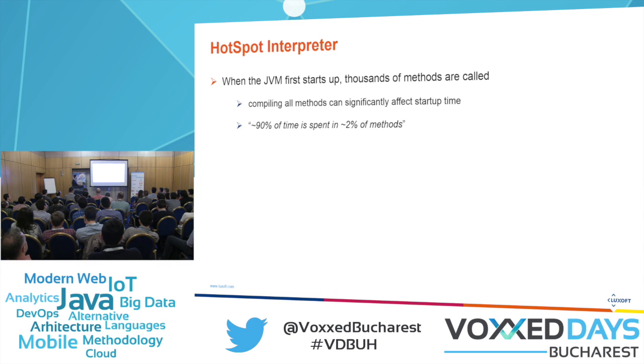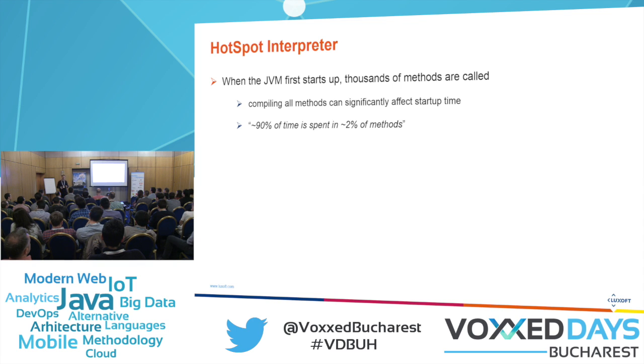Let's explain why we have the interpreter initially in the HotSpot. It's because of some practical aspects. For example, if we had to compile everything from the startup, from the very beginning, it would take a lot of time to compile everything. That's why they decided to delay the process of compilation a bit. More than that, in reality, not all methods are frequently used.